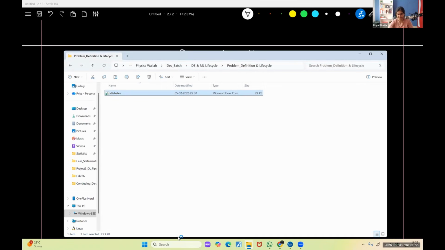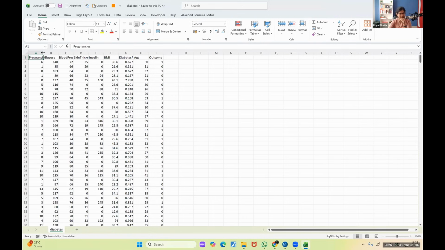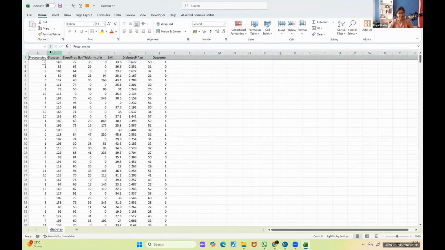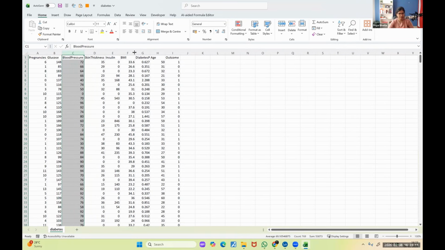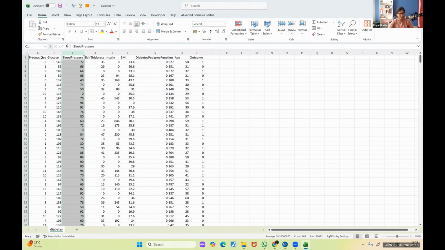Now, in this specific data, these are the input features we have: pregnancies, glucose, BP, skin thickness, insulin, BMI, diabetes pedigree function, and the age.